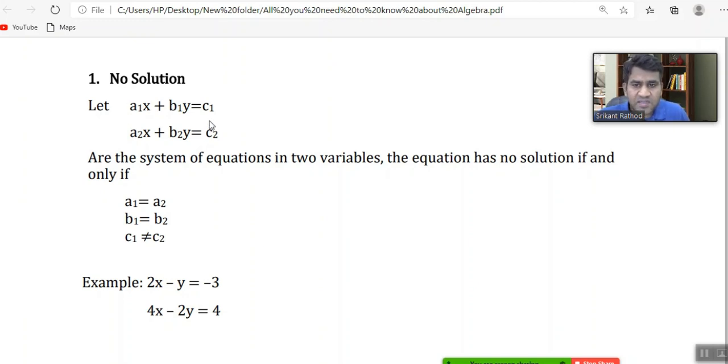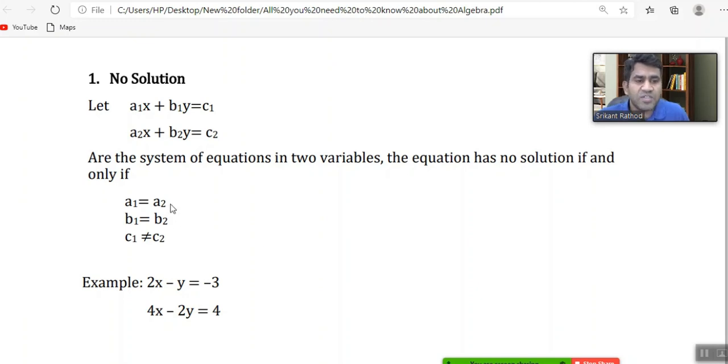So let's consider the same example here. a1 x plus b1 y equals c1, a2 x plus b2 y equals c2, where a1, b1, c1 and a2, b2, c2 are constants, right? Now, if the system of equations has to have no solution, then it should satisfy this condition.